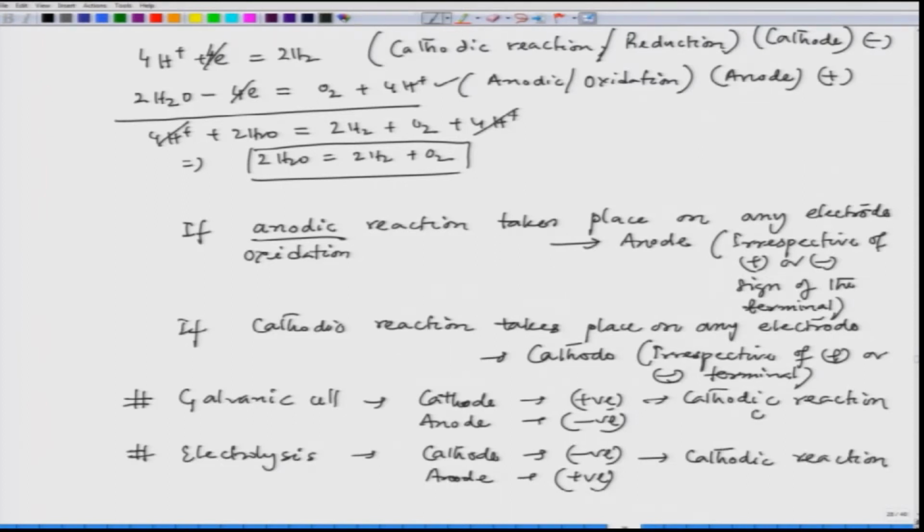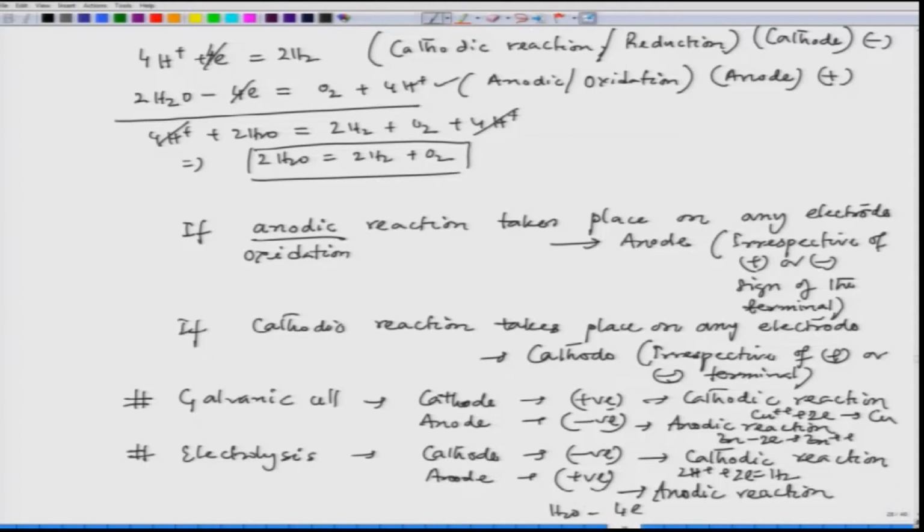So, here the cathodic reaction is Cu2+ plus 2e equal to Cu, and here anodic reaction Zn minus 2e equal to Zn2+, and here the cathodic reaction H+ plus e equal to H2, and anodic reaction 2H2O minus 4e equal to O2 plus 4H+.